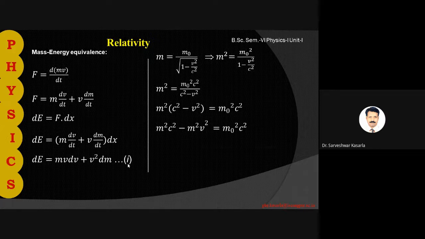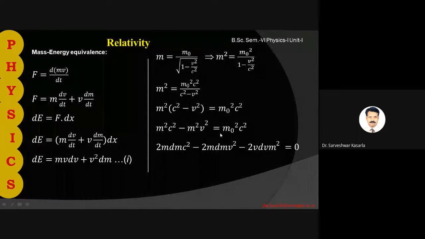So if you take the differential now, what happens? 2m dm into c square, because c square is constant, minus 2m dm into v square minus 2v dv into m square, because here m and v both are variables, so therefore there are two terms.